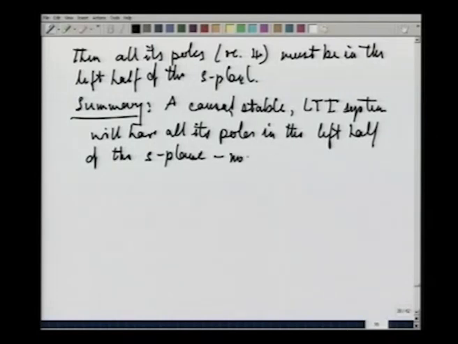No poles in the right half. That's the summary, that's the conclusion of all the arguments. Maybe I should call it conclusion.